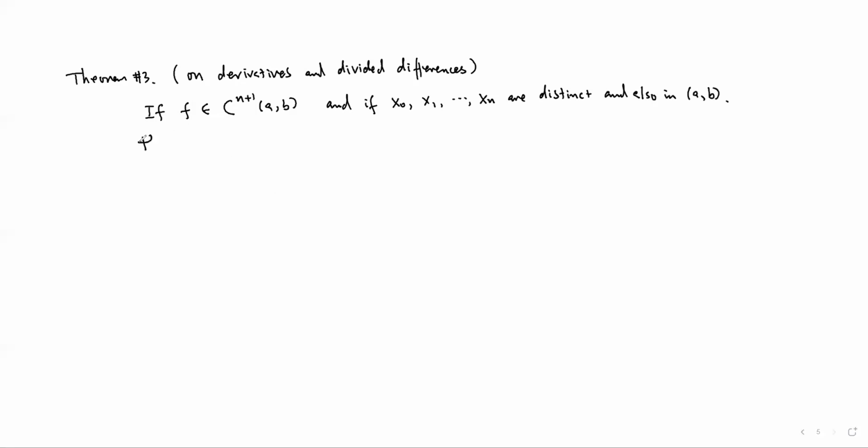Then there is a point psi in the interval (a, b) such that the divided difference at x0, x1, up to xn is equal to 1 over n factorial.